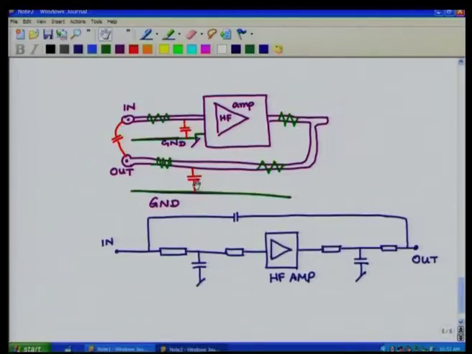You probably would have to decrease the value of these capacitances. How does one go about decreasing them? These are some of the issues that we need to look at, probably by putting in guards between tracks, which will increase the impedance between the ground, and between the input and output.